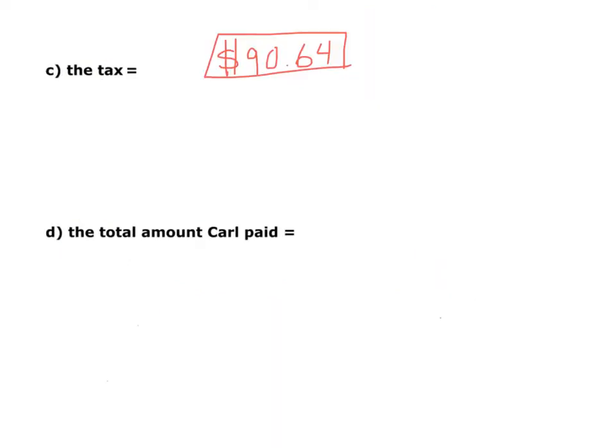So I just scrolled down here, and so I know that the sale price is $90.64. Now let's figure out 13% tax. So 13% of $90.64. And so what does 13% of $90.64 mean? Remember what 13% is. As a decimal, if we take 13% and we divide it by 100, we end up with 0.13.